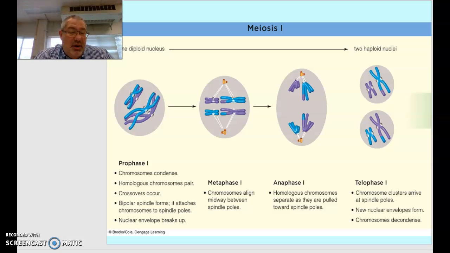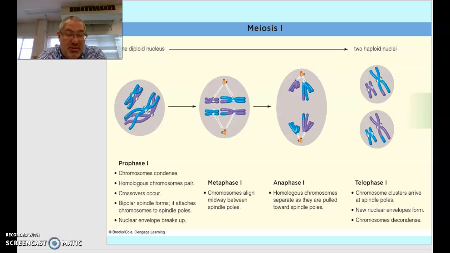So prophase 1 is one of the unique events in meiosis 1. Crossing over occurs, or at least can occur. The second unique event is in anaphase 1. It does not say chromatids separate. Excuse me, it says homologous chromosomes separate.